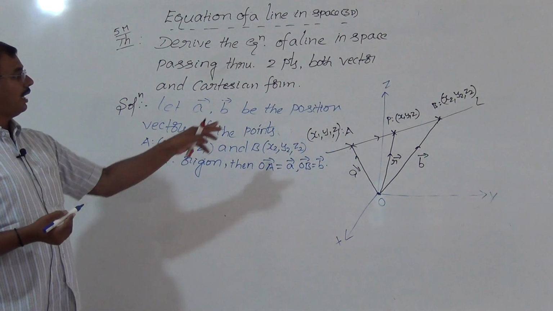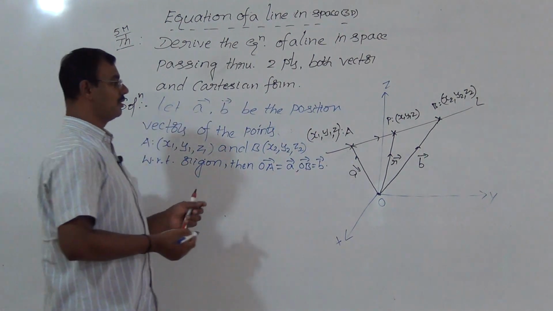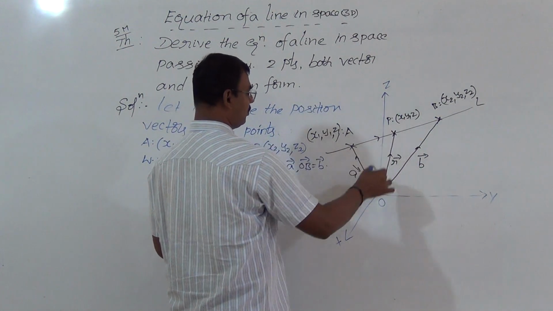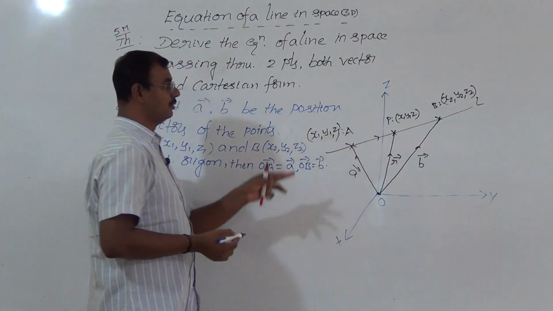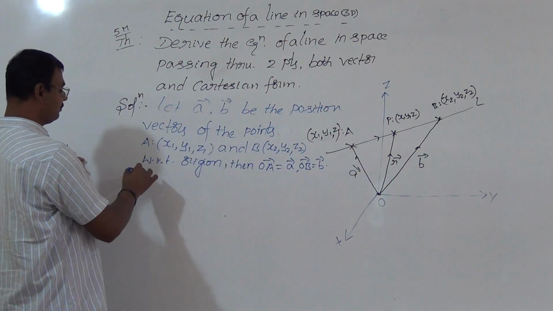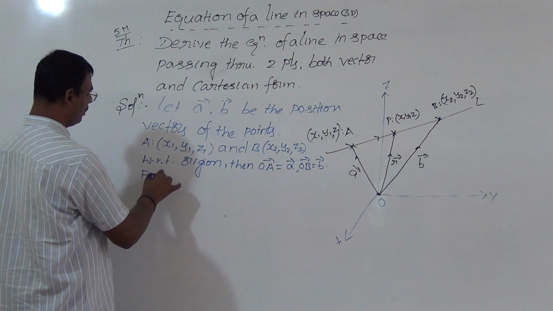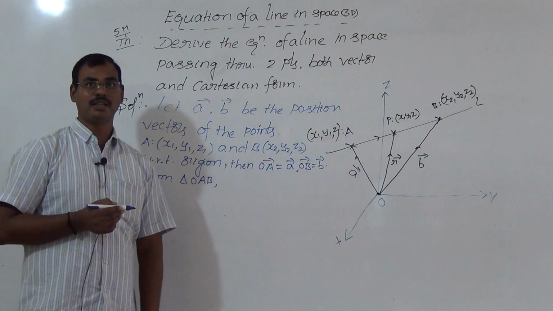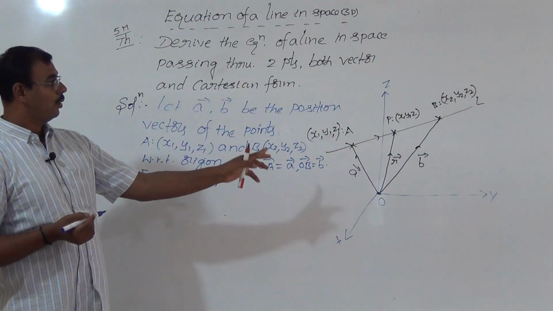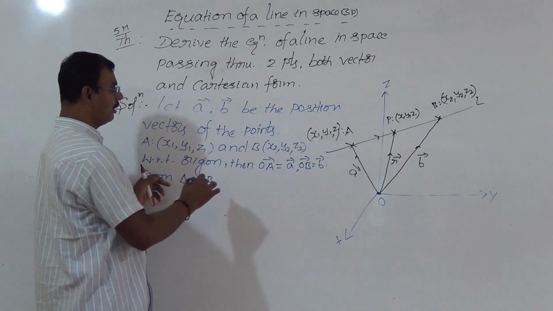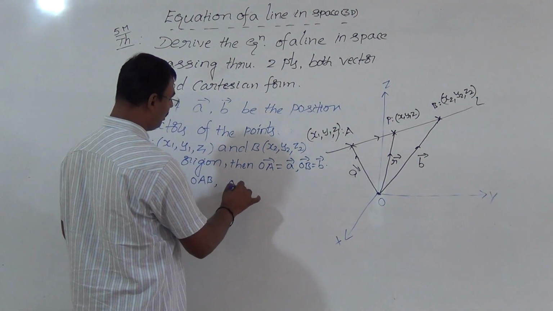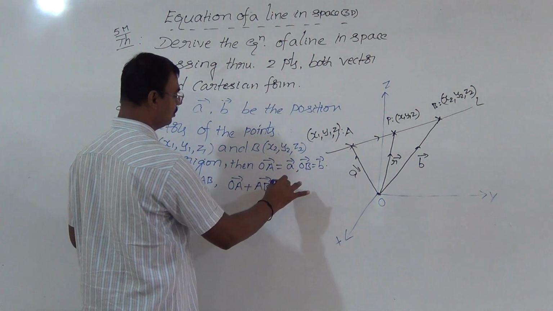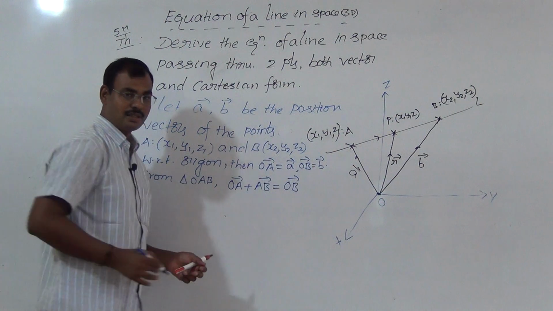Now observing AB bar with respect to the origin, from the triangle OAB using the vector triangle law of addition, OA bar plus AB bar is equal to OB bar. Is it right?